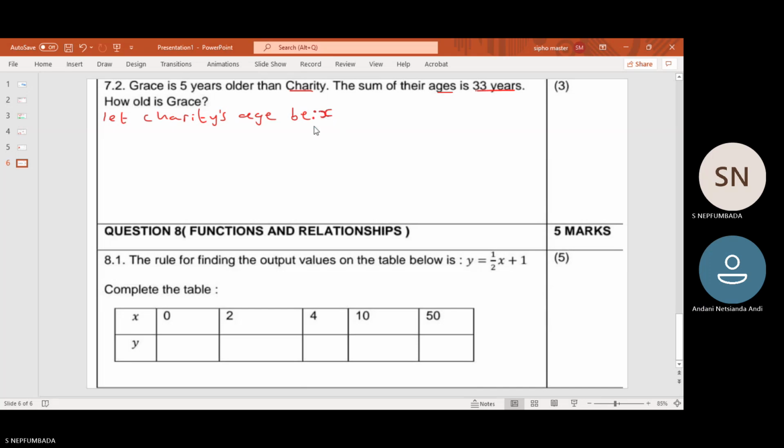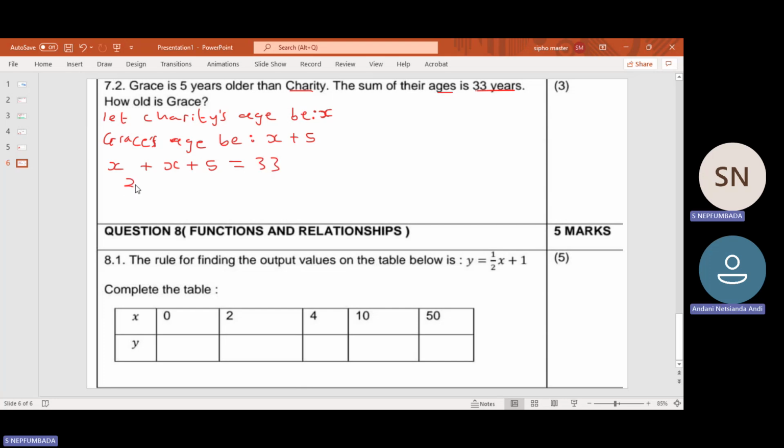Okay. Then it means because Grace is 5 years older than Charity, Grace's age is going to be x plus 5 years. Yes, good. But they say the age of Charity plus the age of Grace is equals to 33.